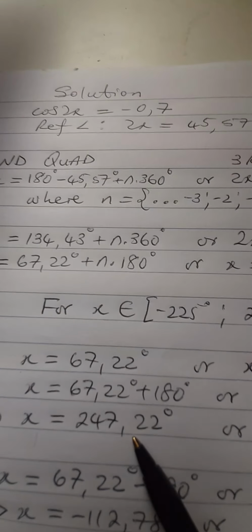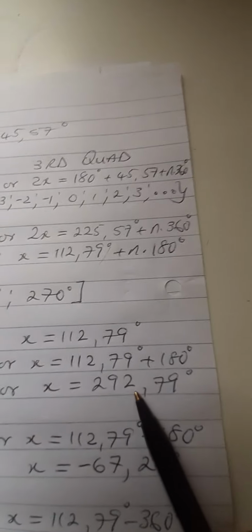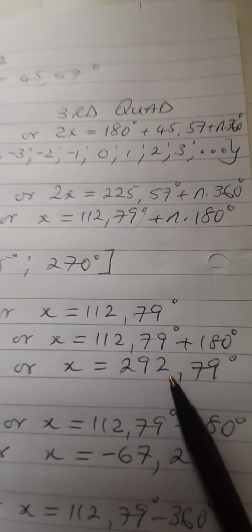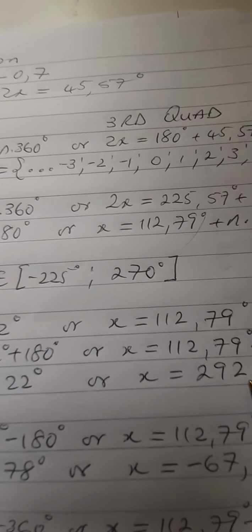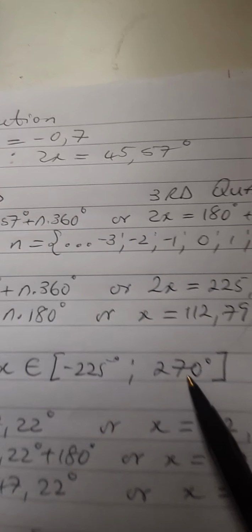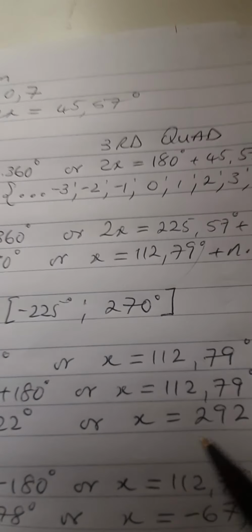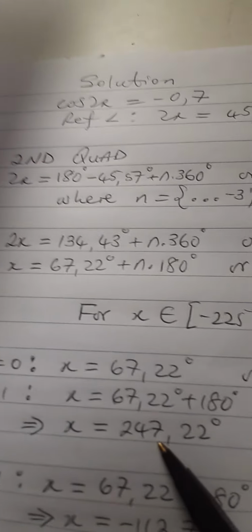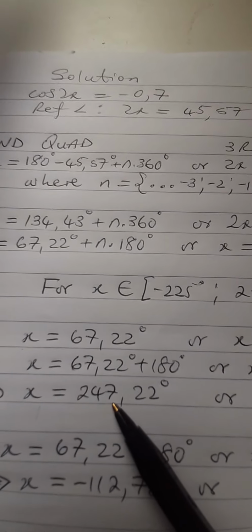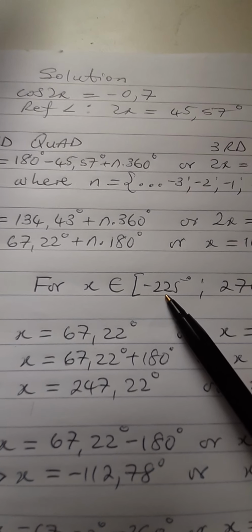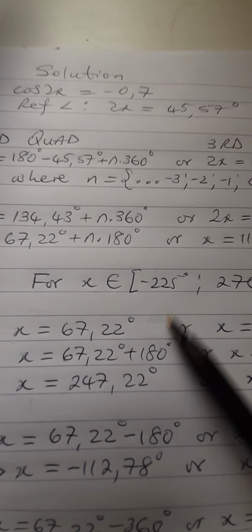We simplify: 247,22 degrees, our x, or 292,79 degrees. Let's check if it falls within the given range. 292 is greater than 270 degrees, therefore this falls off. 247,22 degrees is also greater than 270? No, it is outside the stated check as well. We don't accept these two solutions.